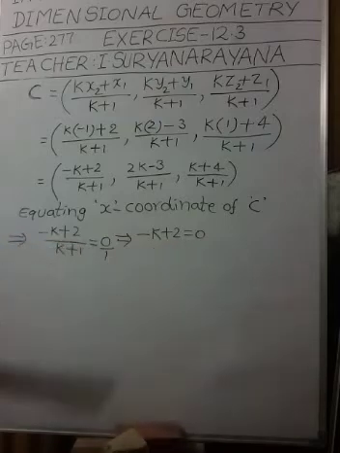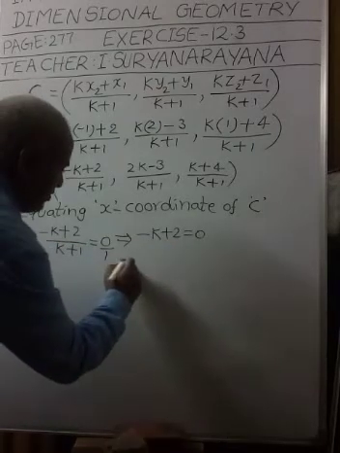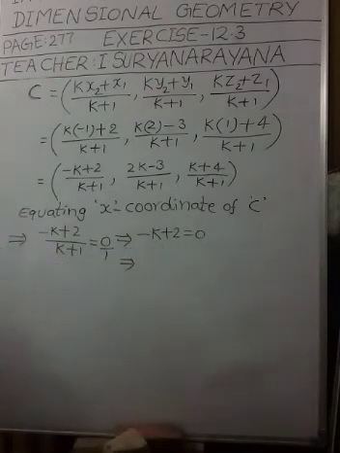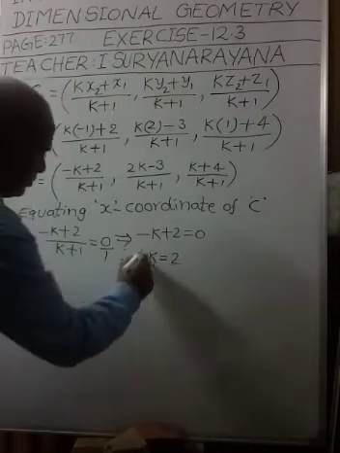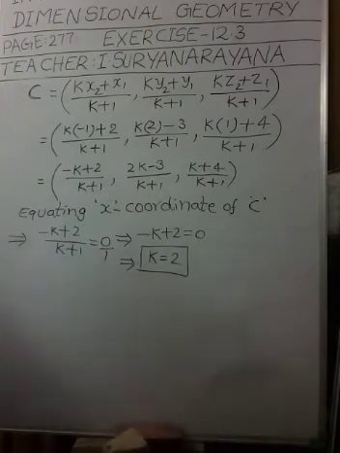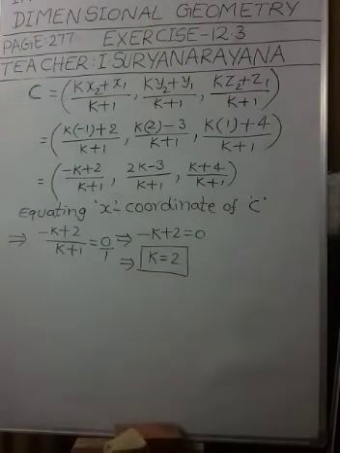Understood this step, my children? Right. From this equation, we find the k value. This implies k is equal to 2. Okay, my children.